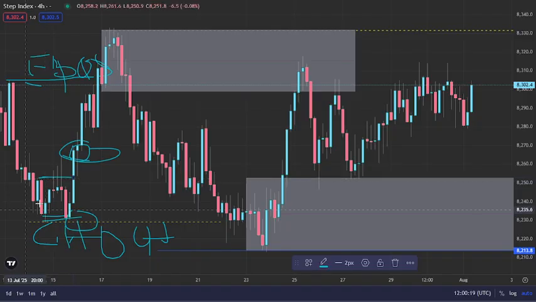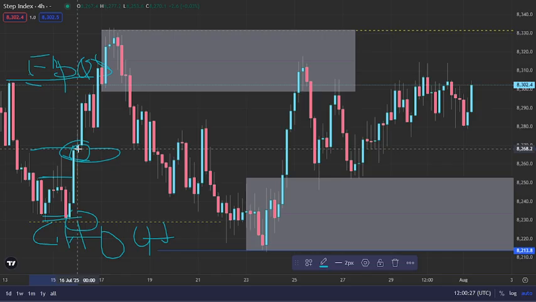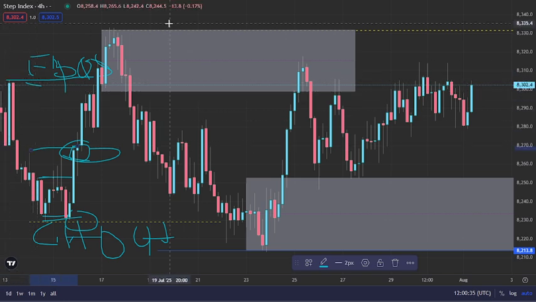Here is the fractal structure. If I'm marking this one, here's the swing structure, here's the internal structure, here's a fractal structure. But in the grand scheme of things, here's the internal structure, and it is a lot. But yeah, let's follow the notes.